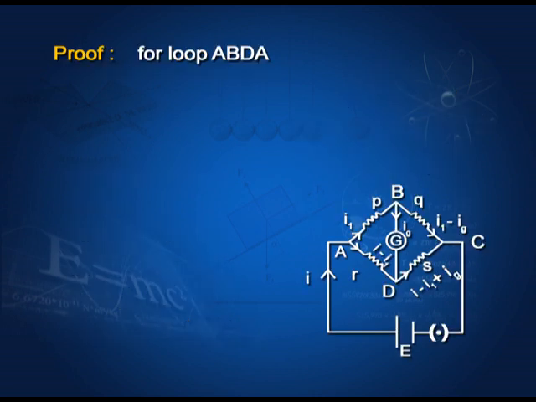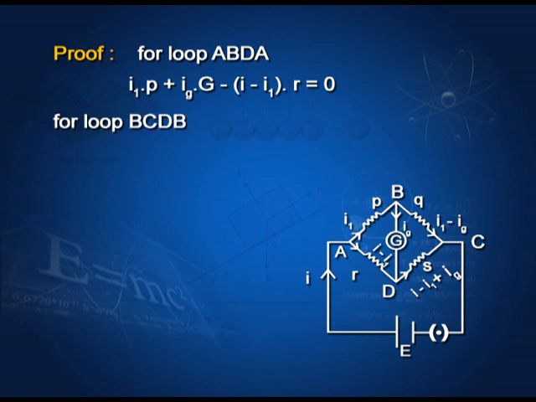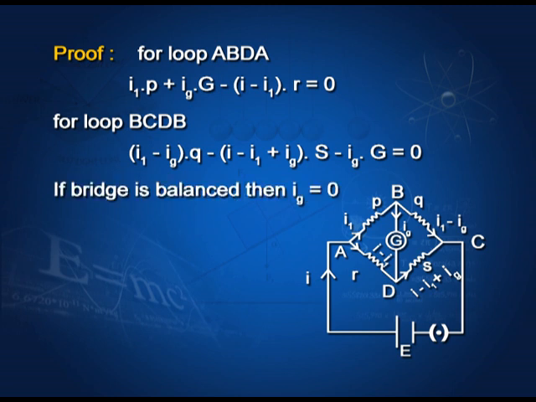For loop ABDA: I1 into P plus Ig into G minus (I minus I1) into R equals 0. For loop BCDB: (I1 minus Ig) into Q minus (I minus I1 plus Ig) into S minus Ig into G equals 0. If the bridge is balanced, then Ig equals 0.